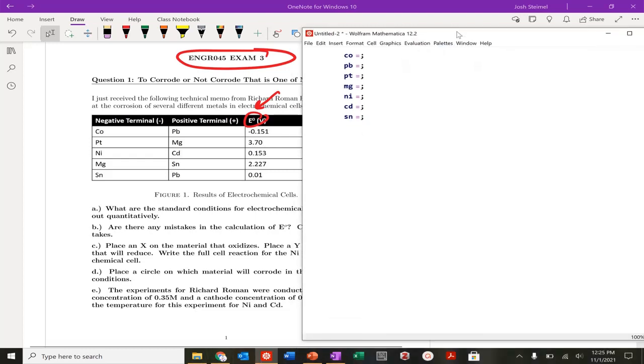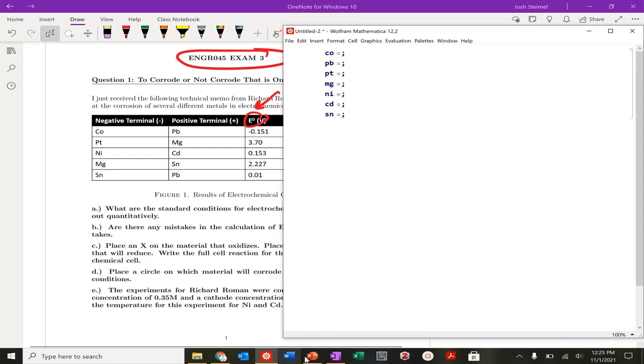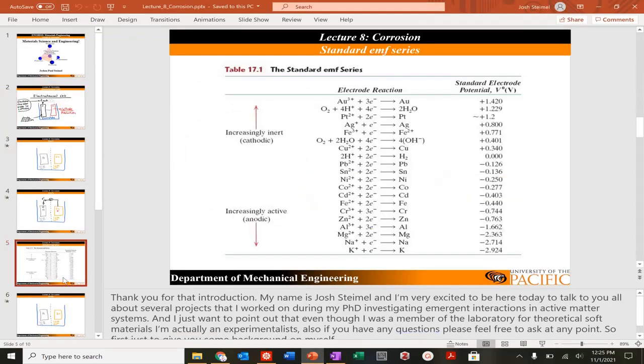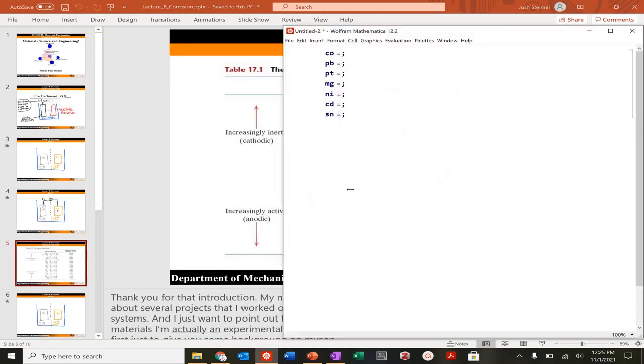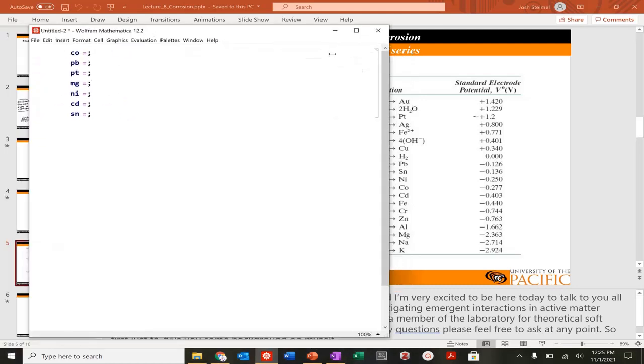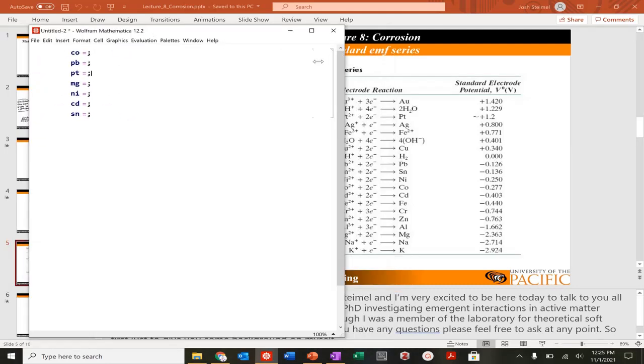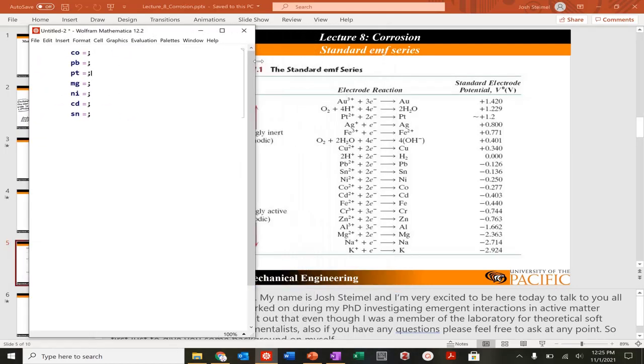Now let's go to our lecture notes and find these values. Again, these are only for standard conditions. Once we are not standard, then these don't work. So cobalt is minus 0.277. My Pb is minus 0.126.